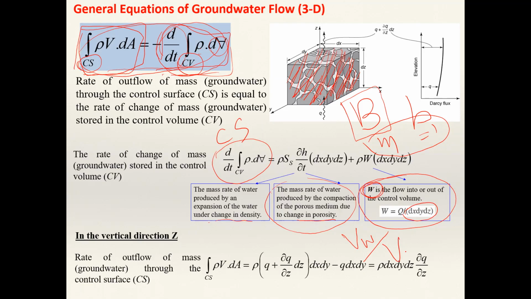Then we take the next term. That is this one. What is it? Rate of outflow of mass through the control surfaces. These are the control surfaces. So if I consider only the Z direction, water can enter from down and water can go out from up.